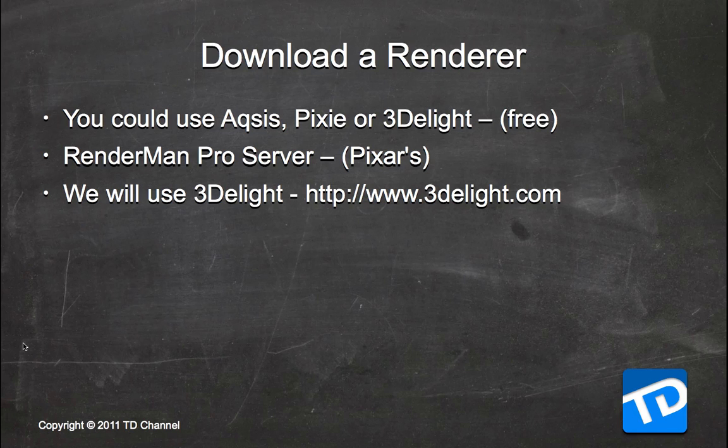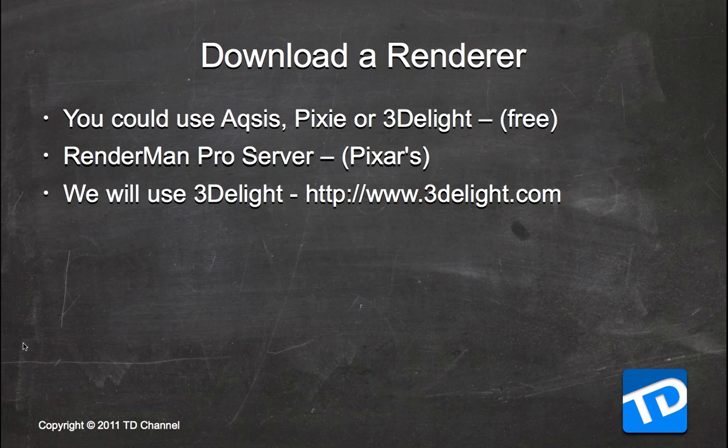So before we get to do any work, we're going to need to download a renderer. Here's a list of some free RenderMan compliant renderers. They're Aqsis, Pixie, or 3Delight, and you can Google or just search on the internet for these ones. Then you have RenderMan Pro Server, which is Pixar's renderer. It's quite expensive, so I only recommend you do this if you already have access to it.